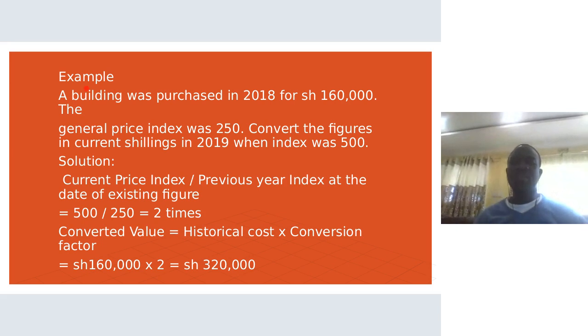So if, for example, we have a building which was purchased in 2018 for 160,000 shillings, and the general price index in 2018 was 250. We are told to convert the figures to current shillings in 2019 when the index was 500.